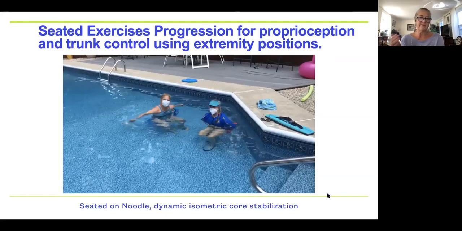You can split their attention between tasks, so they have to do two things at the same time. Distractions and obstacle courses are really good. Things to step over, things to go around. And you can challenge trunk stabilization muscles with turbulence and resistance.